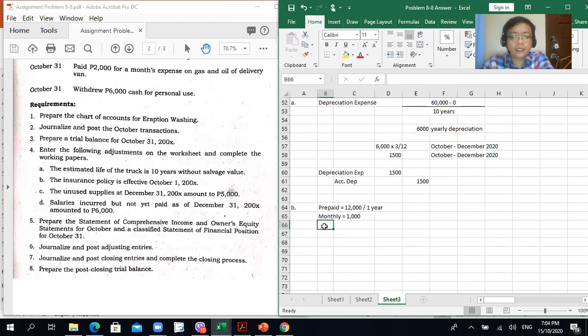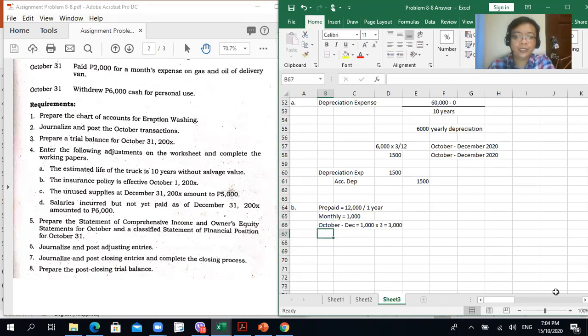Since we cover October to December, meaning you have 1,000 times 3. So how much is our insurance expense? This should be 3,000.